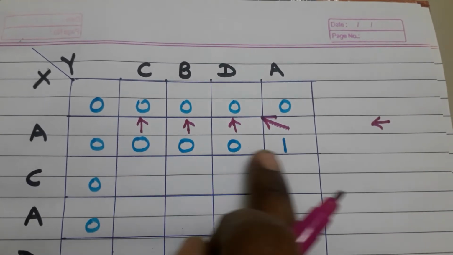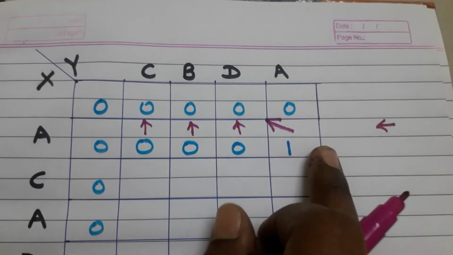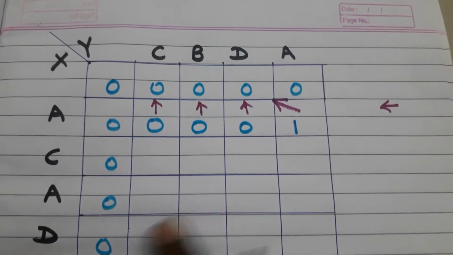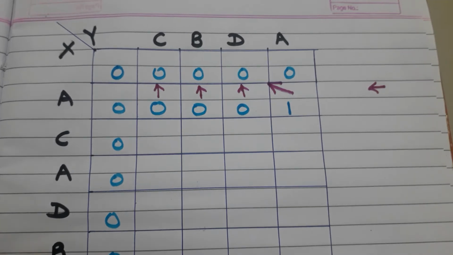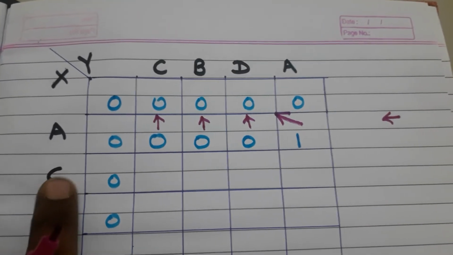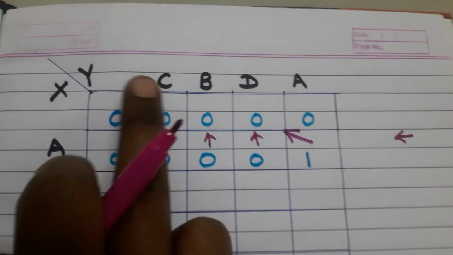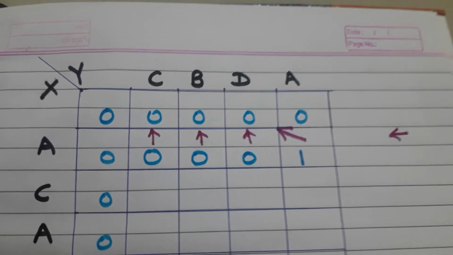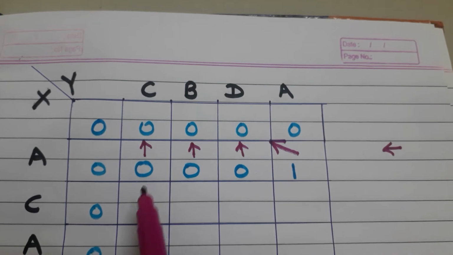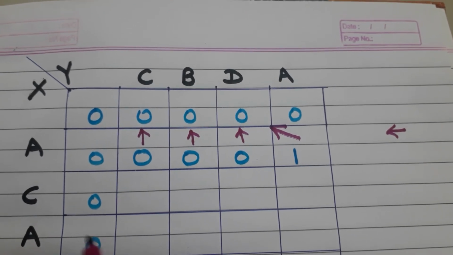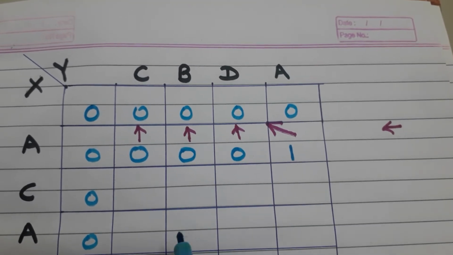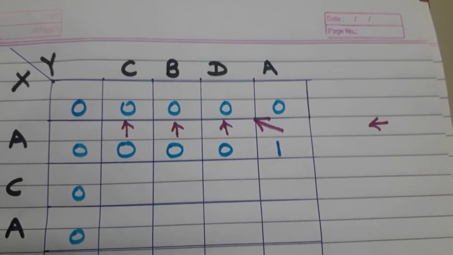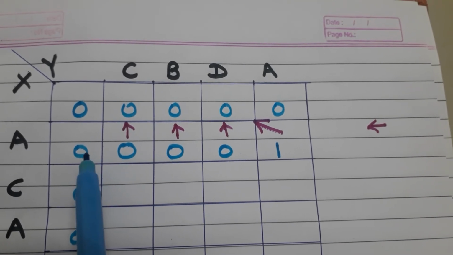Now in this way we filled this row. In the same way we have to fill the other rows also. Now we will see the second row. C and C are the same characters. In that case, we have to add 1 to the diagonal element.